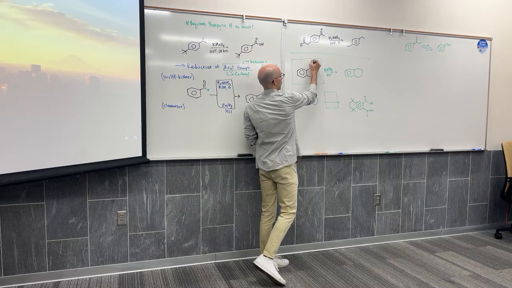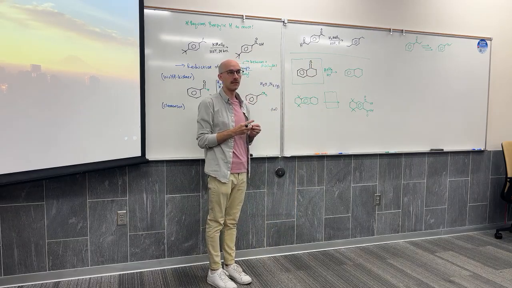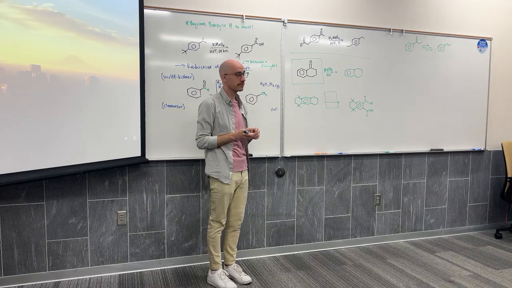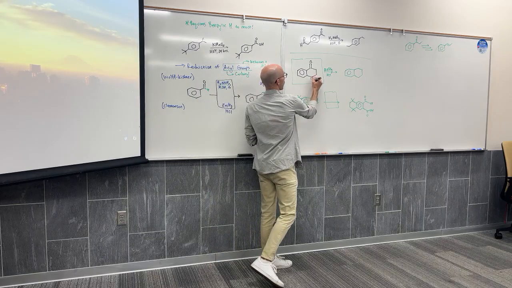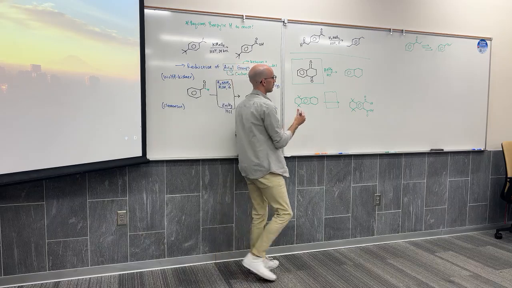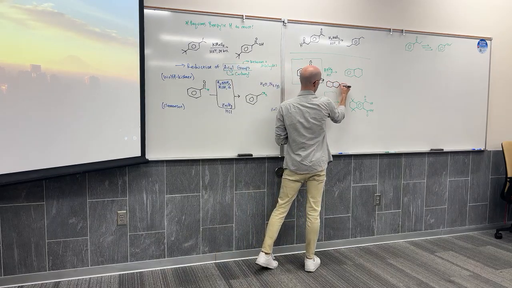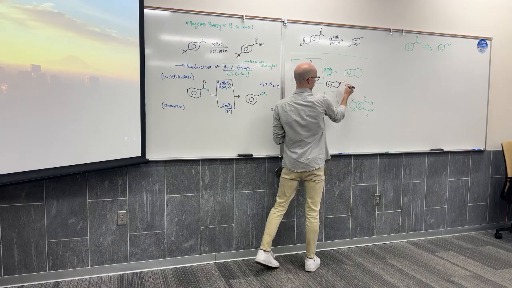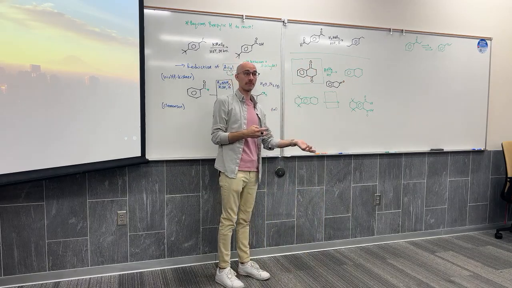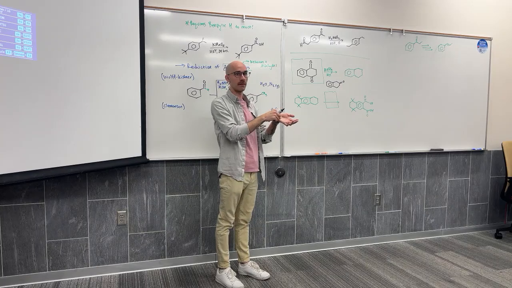So I could have a ketone that is directly benzylic. That would be a correct answer. I could have 2 ketones that are directly benzylic. That would be a correct answer. I could also have 1 or 2 ketones that are not benzylic, that are further away from the benzene ring.